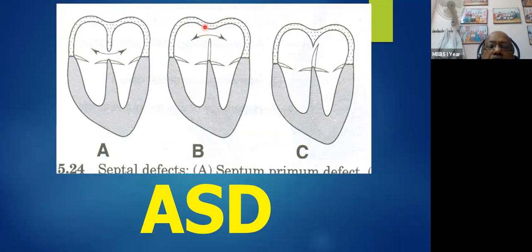The septum secundum may not be formed, or it may not descend down to the level of the septum primum. That's why it is called ostium secundum type. These are the three types of atrial septal defect. The important thing is you should be able to explain the basic embryological basis of these three types of atrial septal defect. That is the SLO of this class.